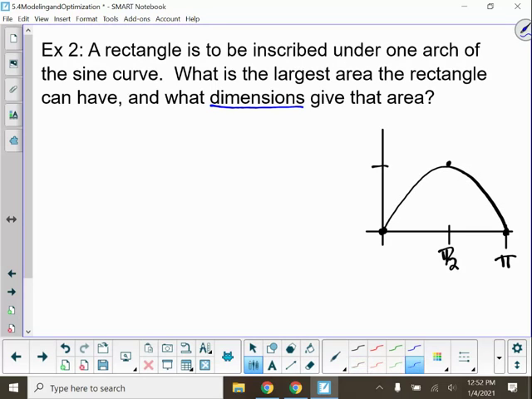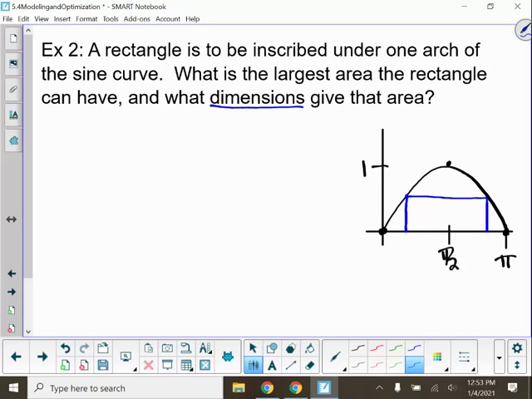One of the things that can make these types of questions difficult is being able to draw the problem and set it up. So we're drawing a rectangle. I have a rectangle that is underneath the sine curve. I need to know the height and the width of that rectangle, or the length and the width, however you want to state that.